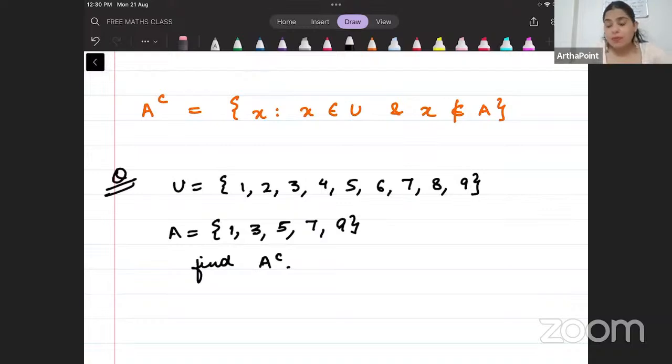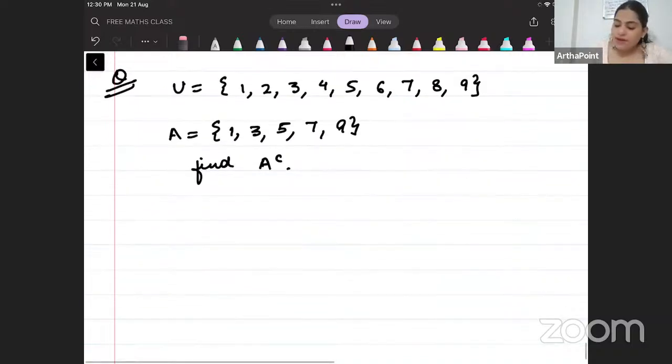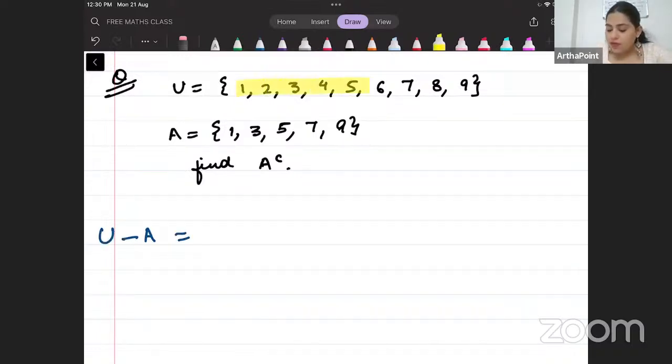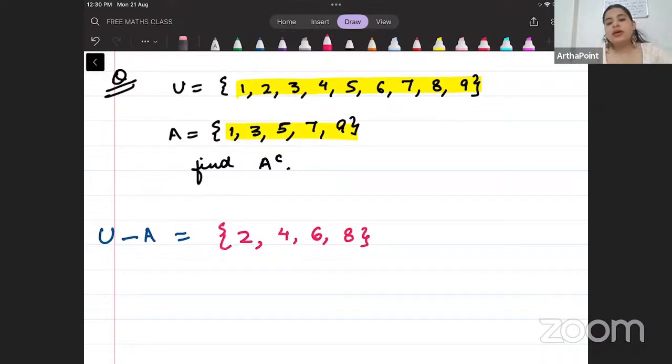So what will be A complement, beta? A complement will be the union minus A. From the union, subtract what is in A. What will you be left with? 2, 4, 6, and 8. This will be A complement. I hope this is clear to you.